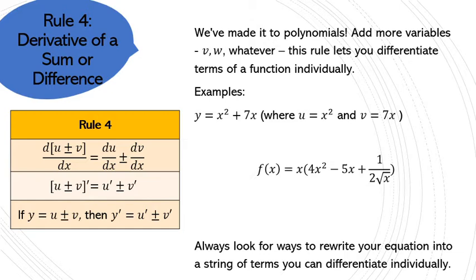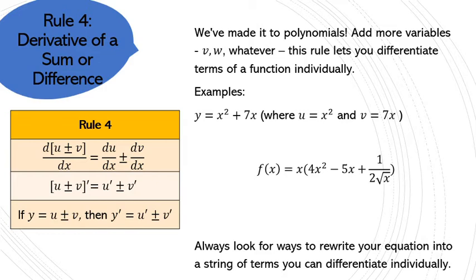This is the last thing we need to do to find those polynomial derivatives. So the derivative of a sum or difference. This basically means that if you have a string of 4x squared plus 3x minus 17x cubed, you can differentiate each chunk individually. So we see an example here. We have y equals x squared plus 7x.